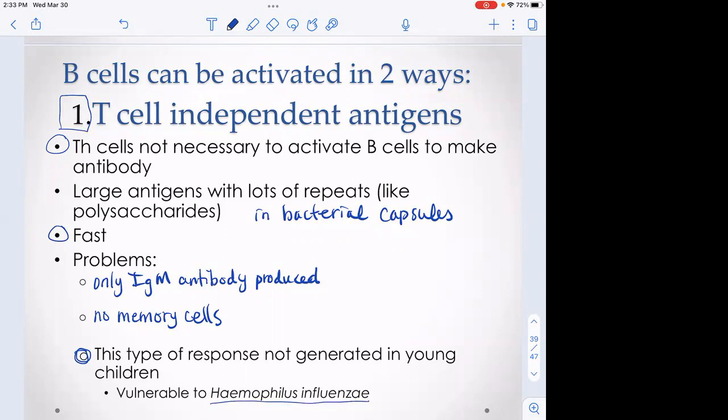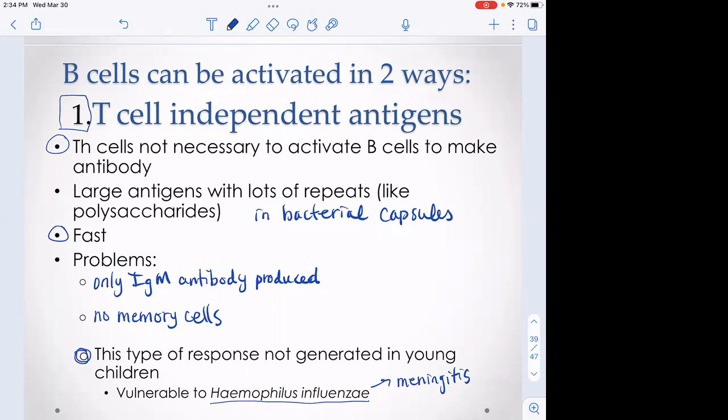The capsule of that bacterium is a T cell independent antigen, and it can cause bacterial meningitis in young children. It's a very serious infection and can cause disability, even death. Despite its name, it doesn't cause influenza. 100 years ago in that pandemic, we didn't know what was causing flu back then. We thought it might be this organism, and that's why it was given the species name influenzae.